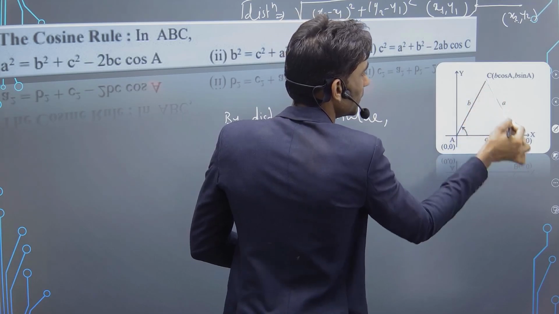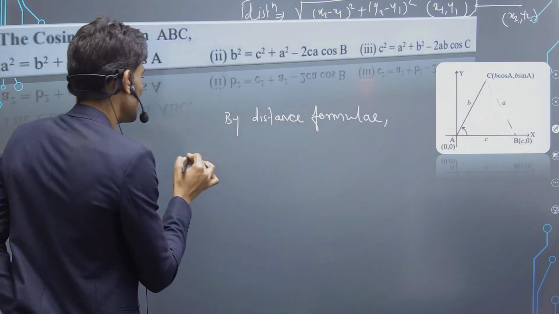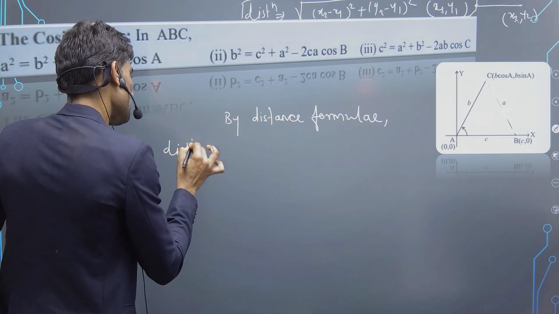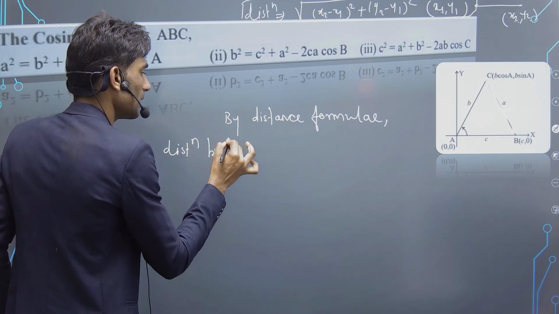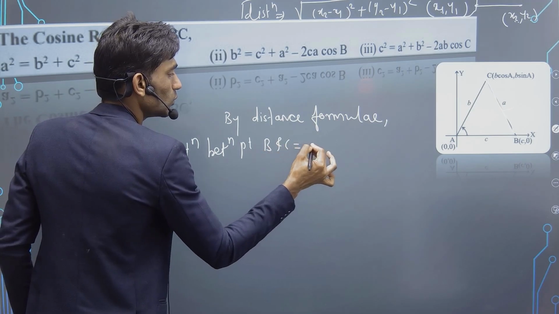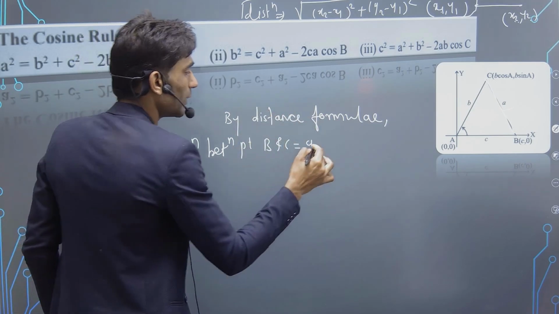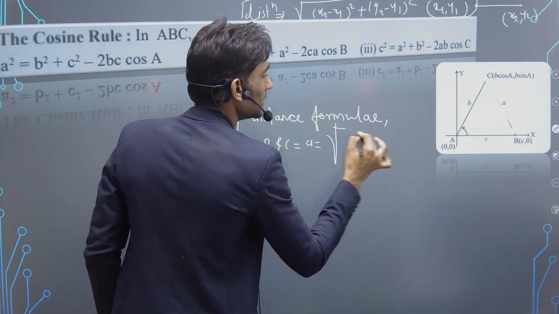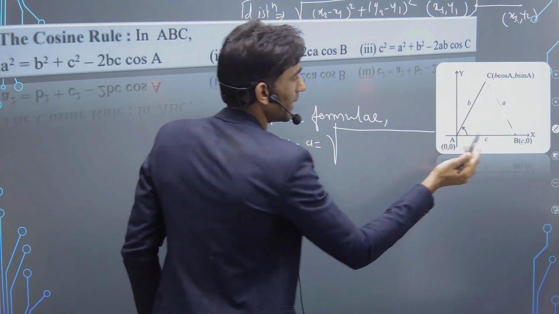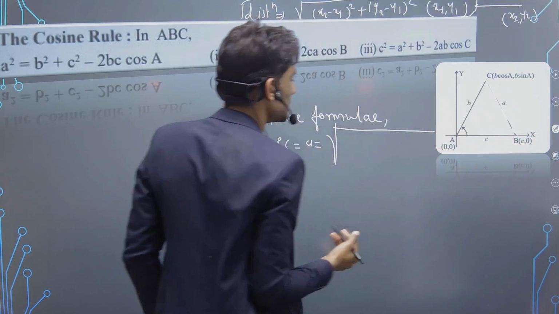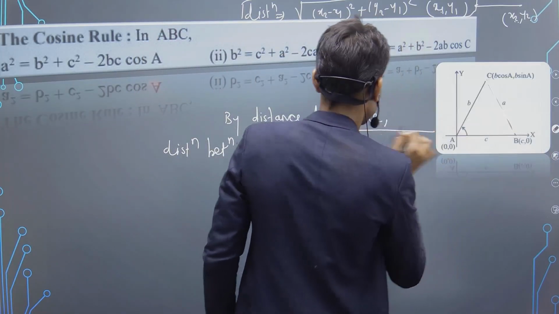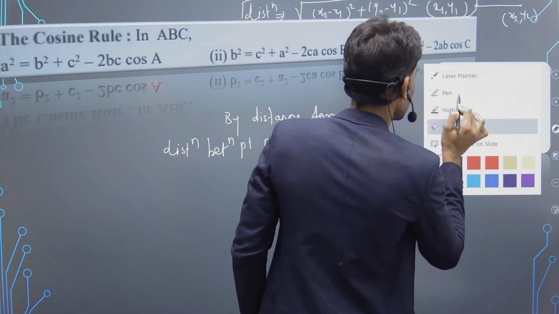here between the points B and C. So we get the distance between points B and C, which is equal to a. And a can be written as the square root of the second coordinate minus first coordinate squared, and similarly second coordinate minus first coordinate squared.